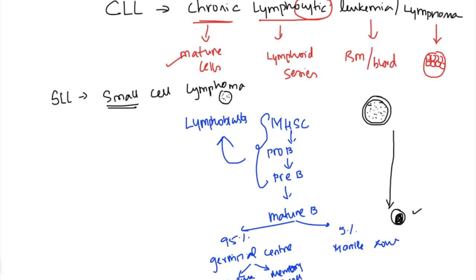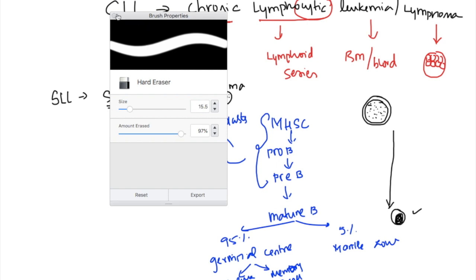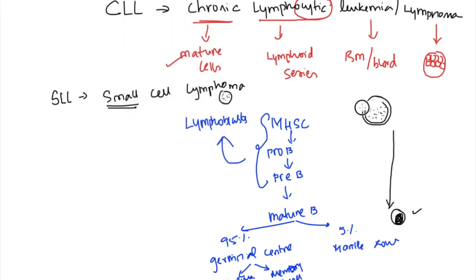I'll add some more points onto this chart because we need to remember some surface markers. Let me clear this and put some CD markers on this chart because it's pretty important. This stem cell is CD34 positive, which is quite important to remember.